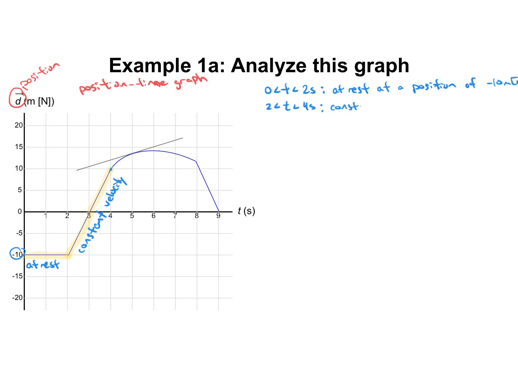Constant velocity. And I want to give a number for that constant velocity. And that number is going to be the slope of that line segment. So I'll calculate the slope here on the graph. The slope is rise over run.